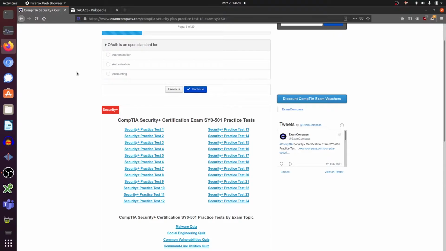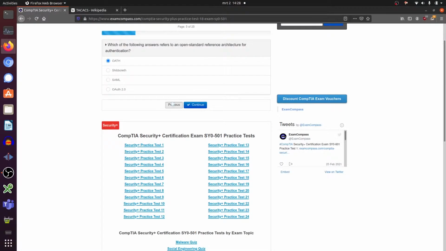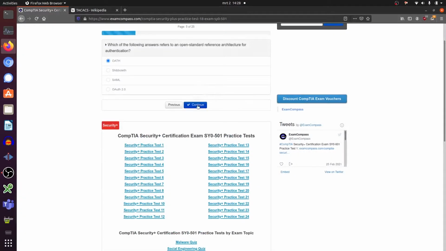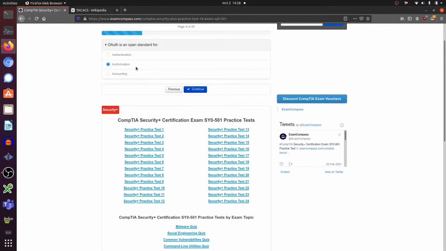No. Authorization. Open authorization because of the TH. Authentication, authorization. Okay, let's go back. I'm sorry, I'm confusing myself right now. OpenID is for authentication. The ID, who are you as a person? And the other one here is for the authorization process.